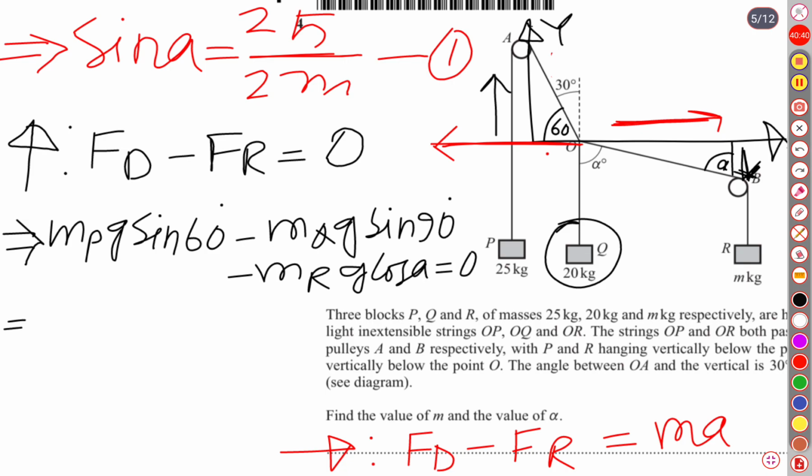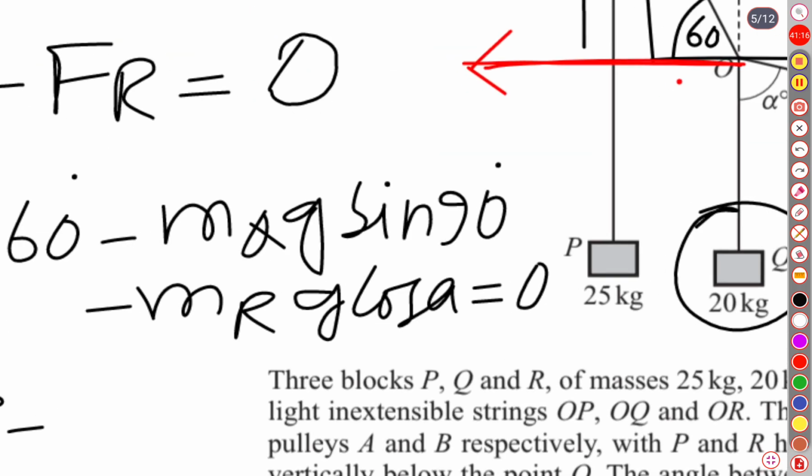If we substitute the values, mass of particle P is 250, acceleration due to gravity is 10, and sine 60 is square root of 3 over 2. Minus, mass of particle Q is 20 and acceleration is 10, sine 90 is 1, so it is simply 200.